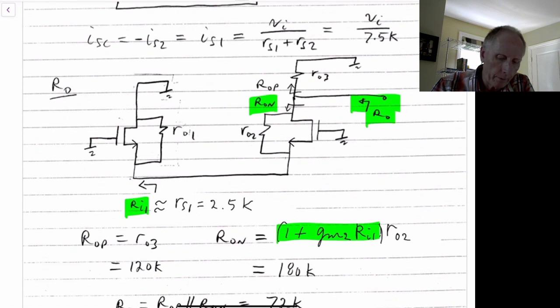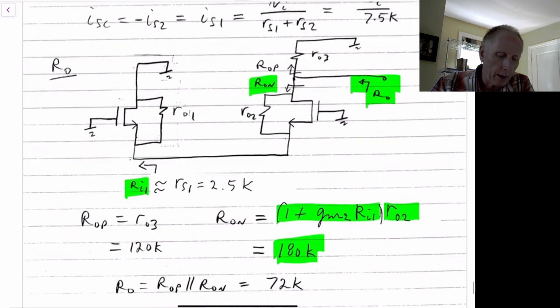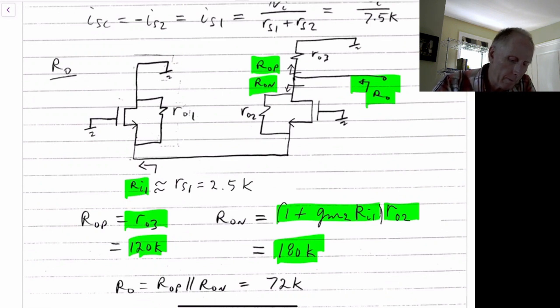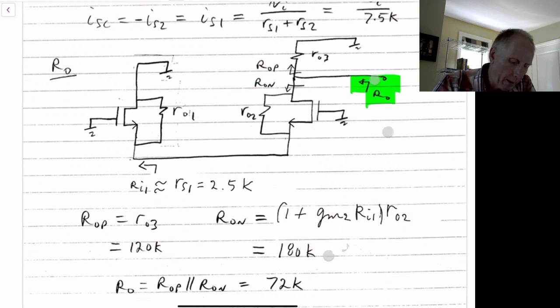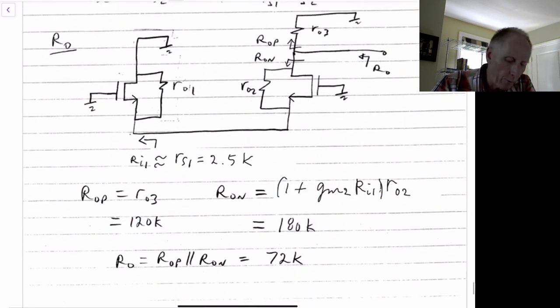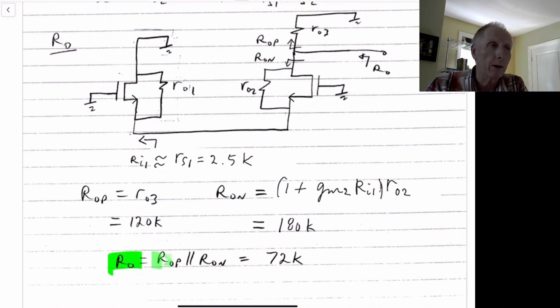That works out to be 180 kilo ohms. ROP just looks like 120 kilo ohms. It's just RO3, so this is ROP looking up into the drain of M3. And finally, we have that RO is just equal to ROP in parallel with RON, which works out to be 72 kilo ohms in this case.